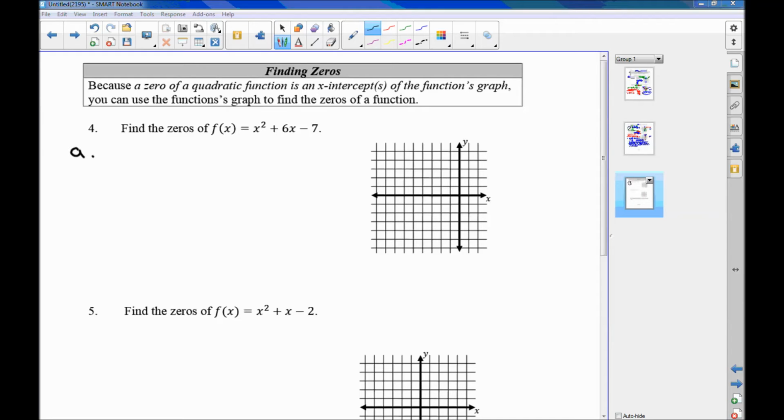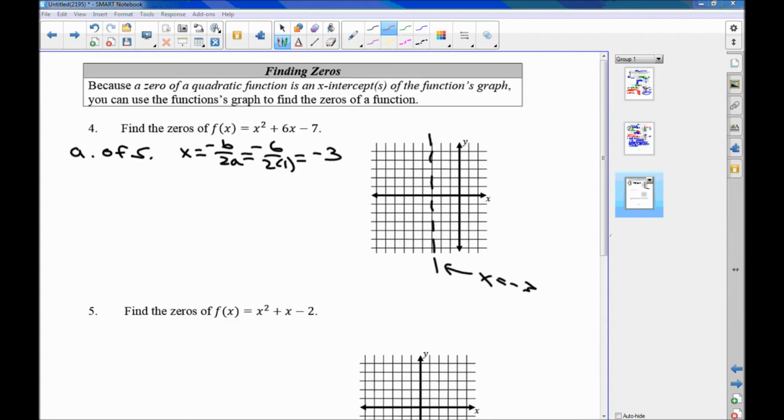First thing we're going to do is find the axis of symmetry, just like before. Okay, so our axis of symmetry is x equals negative b over 2a, which is negative 6 over 2 times 1, so negative 6 divided by 2, which is negative 3. So our axis of symmetry is going to go at negative 3. So this is the axis of symmetry, x equal to negative 3.